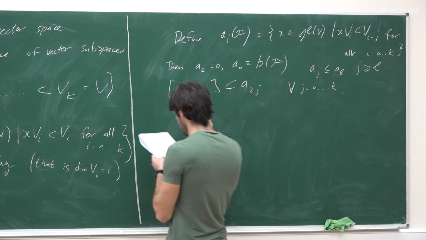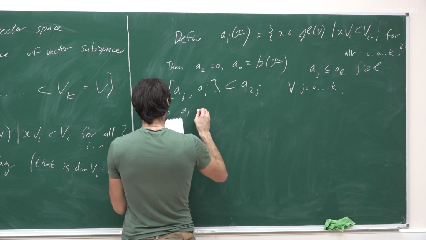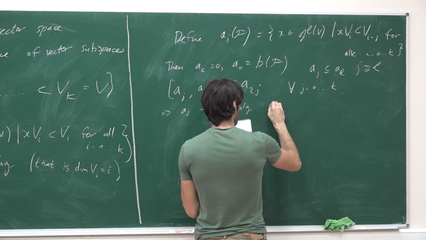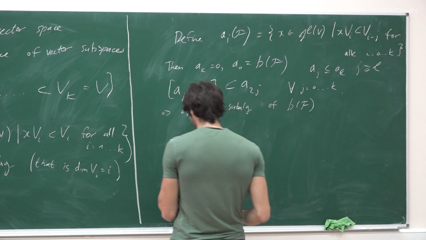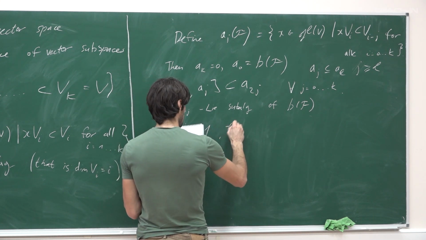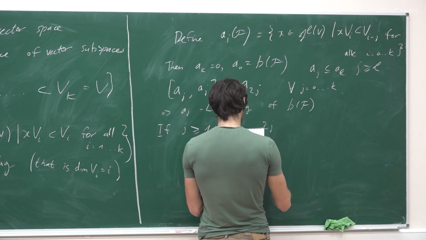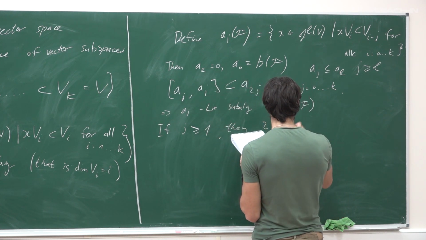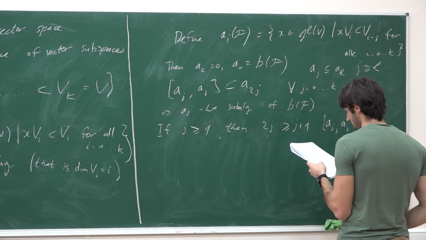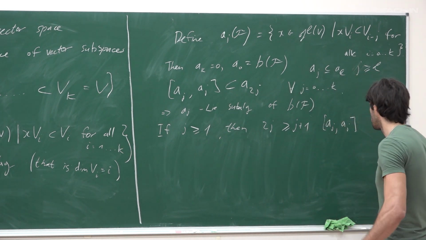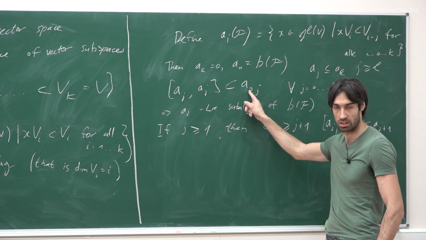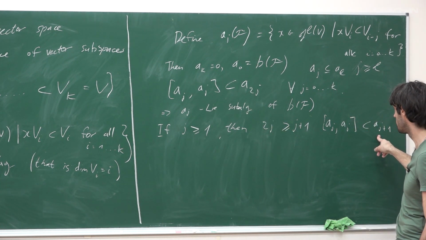In particular, this shows A_j is a Lie subalgebra of B of F. If my j is greater or equal than 1, then 2j is greater or equal than j plus 1, and the derived algebra of A_j is inside A_{j+1}, since 2j is greater.